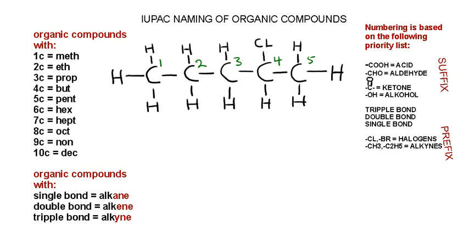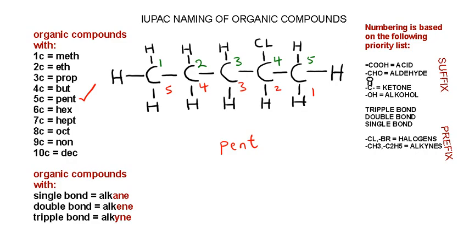Let's check in backward direction. We have 1, 2, 3, 4, 5. Since we have identified 5 carbons, we call it pent. So we write pent.